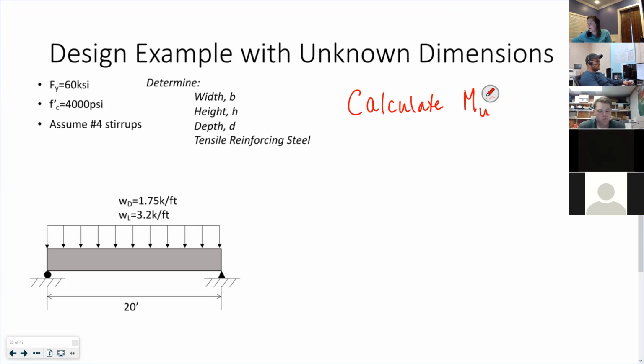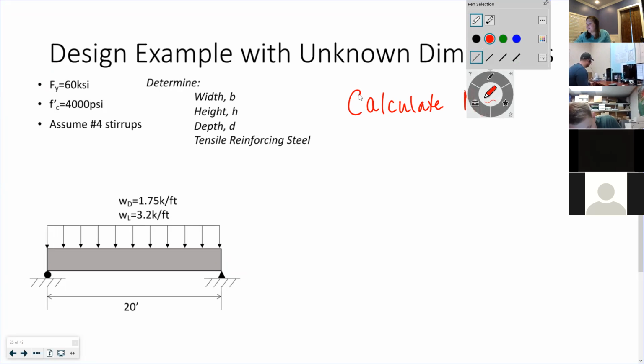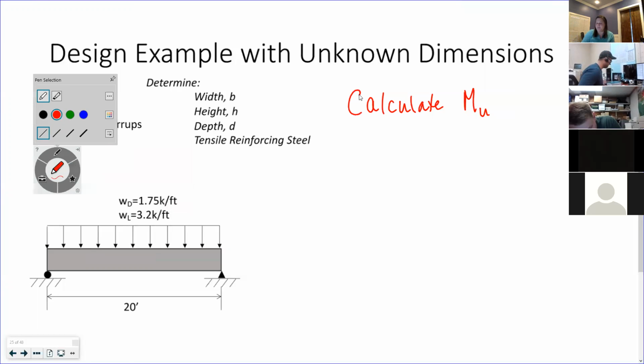Anybody want to go ahead and do that? Let me know when you got it. Somebody shout it out. Or at least shout out what the equation would be for a simply supported beam.